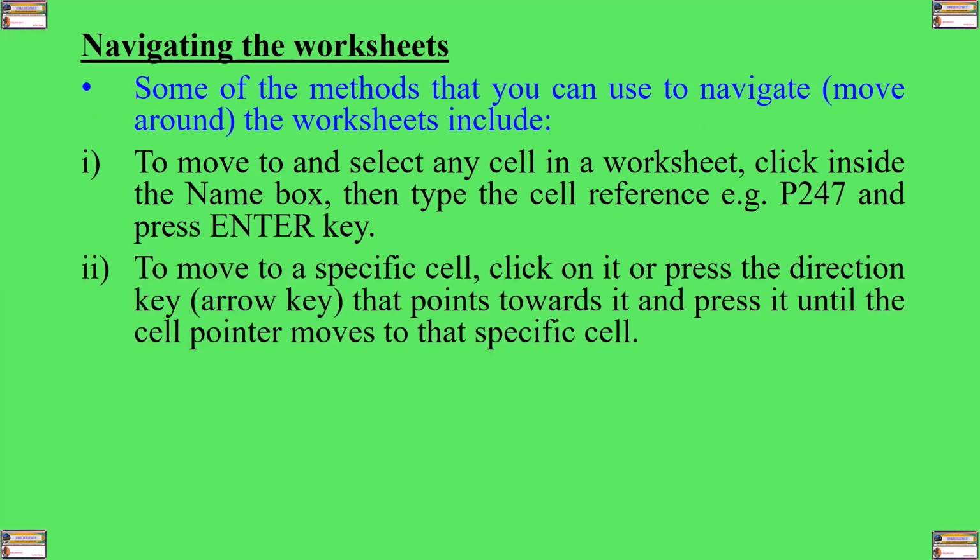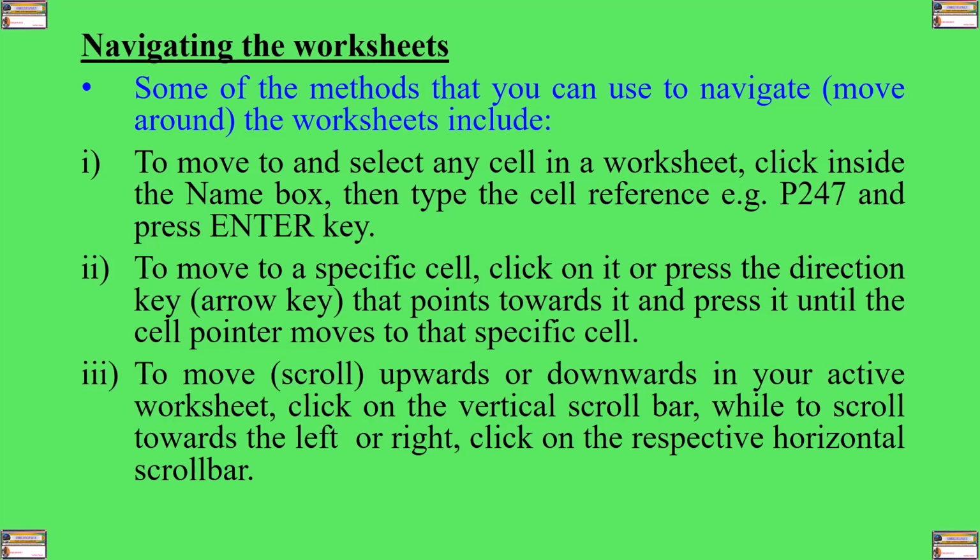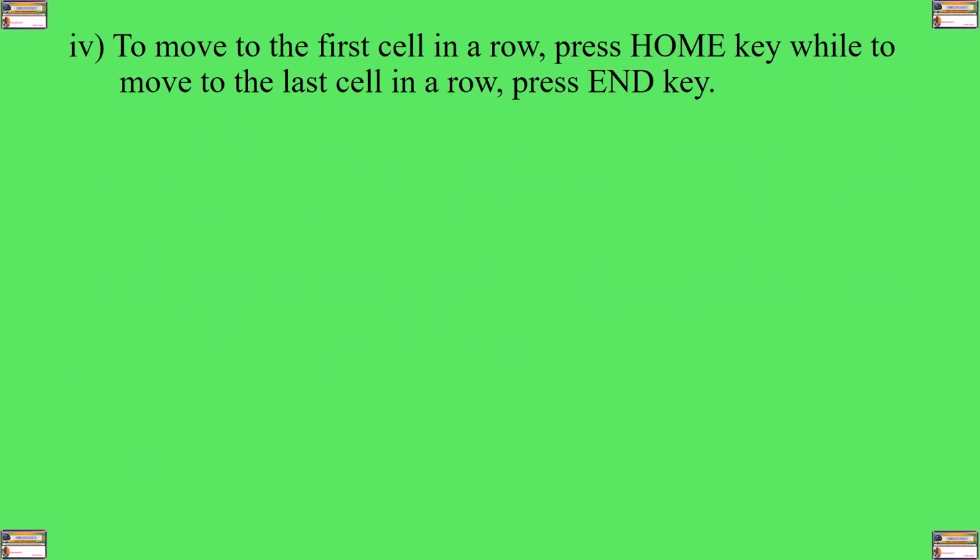Number 2, if you want to move to a specific cell, click on it or press the direction key or arrow key that points towards it until the cell pointer moves to that specific cell. Number 3, if you want to scroll up once or down once in your active worksheet, click on the vertical scroll bar. While to scroll towards the left or right, click on the respective horizontal scroll bar.